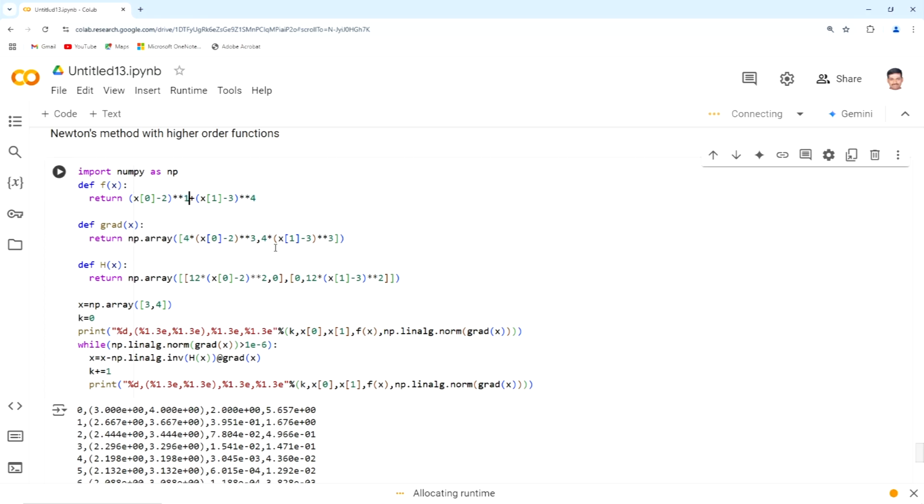So, let us say I put the order of the function as 10. Okay.